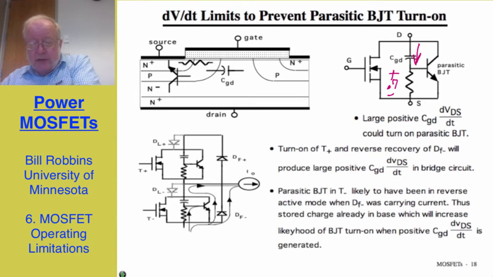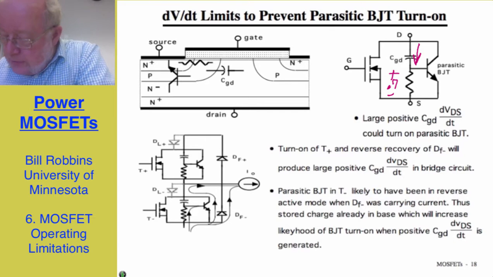And perhaps one of the circuit arrangements where this is most serious is in a half or a full bridge, when we have the lower section of the bridge, the MOSFET perhaps is off, but we have an integral diode carrying current, so that means there is stored charge in the body region. And if at some particular time we attempt to turn on the upper transistor while maintaining the lower transistor in the off state, what could happen is we would then have a very rapid increase in the drain to source voltage across that lower transistor.